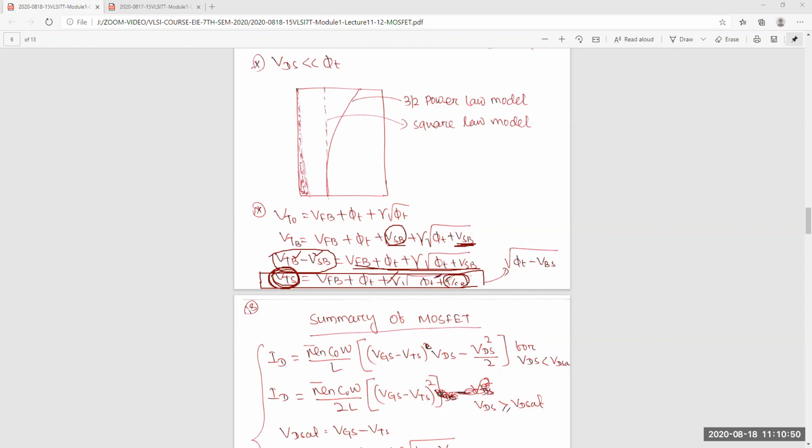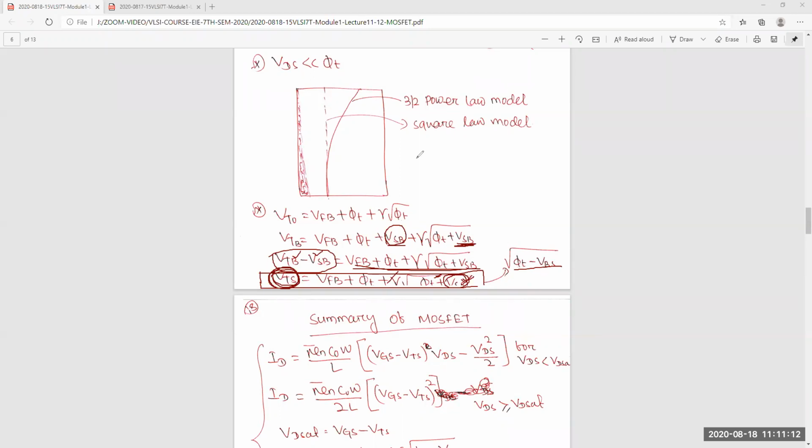I have written phi t plus VSB. VSB means reference to bulk, but actually we are saying it is reference to source, so that's why I've changed the sign. Vt minus Vbs: this was plus, now it's minus Vbs. So everything is with reference to source.